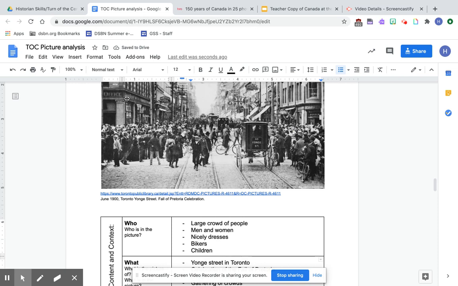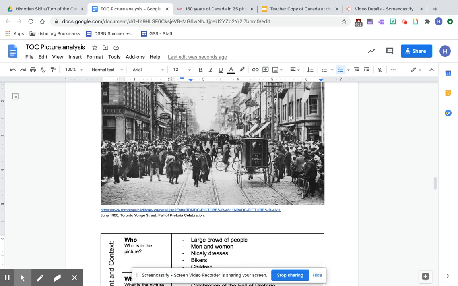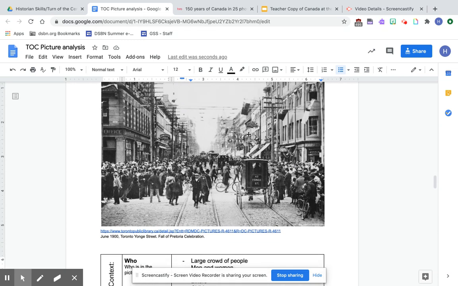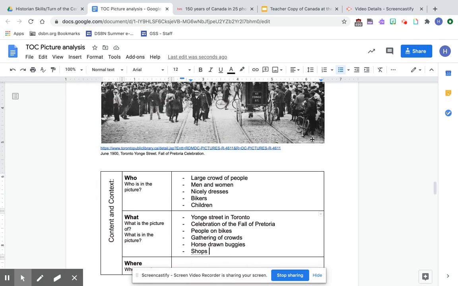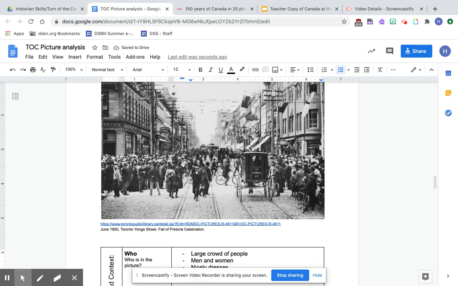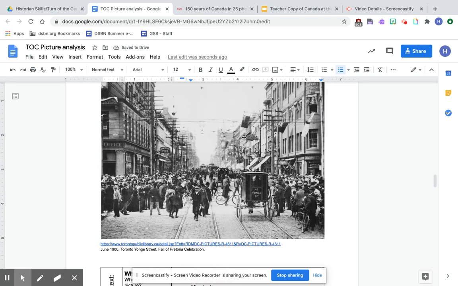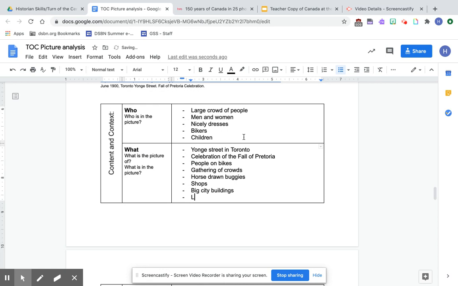We see an office building here. These all look like shops here. A lot of buildings, big city buildings. I also see a lot of flags here. So a lot of British flags.